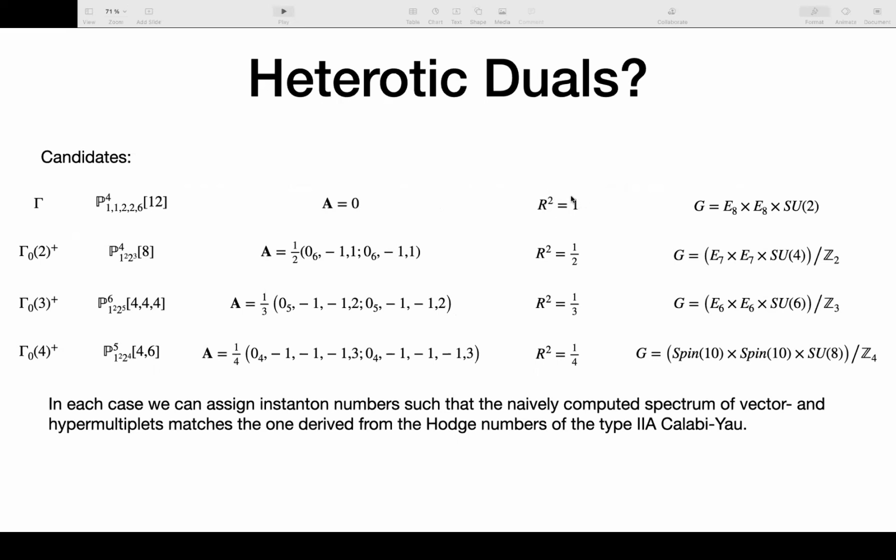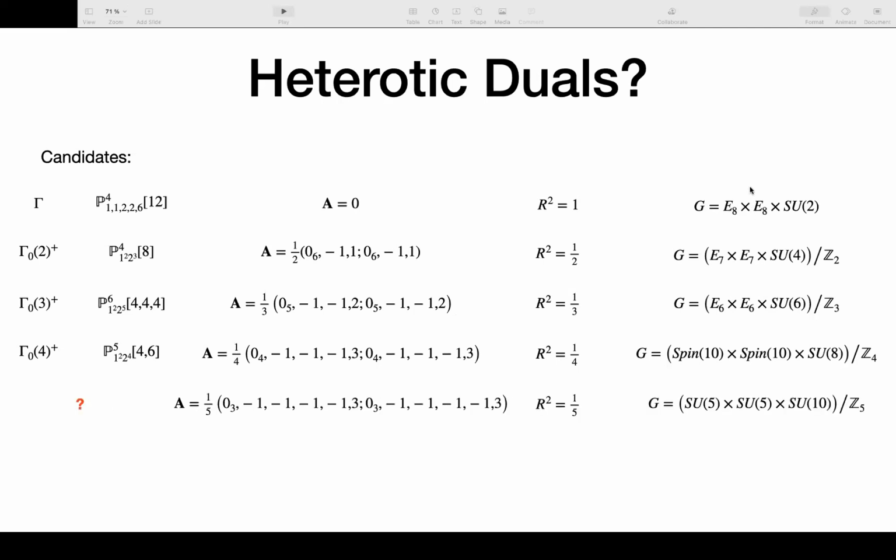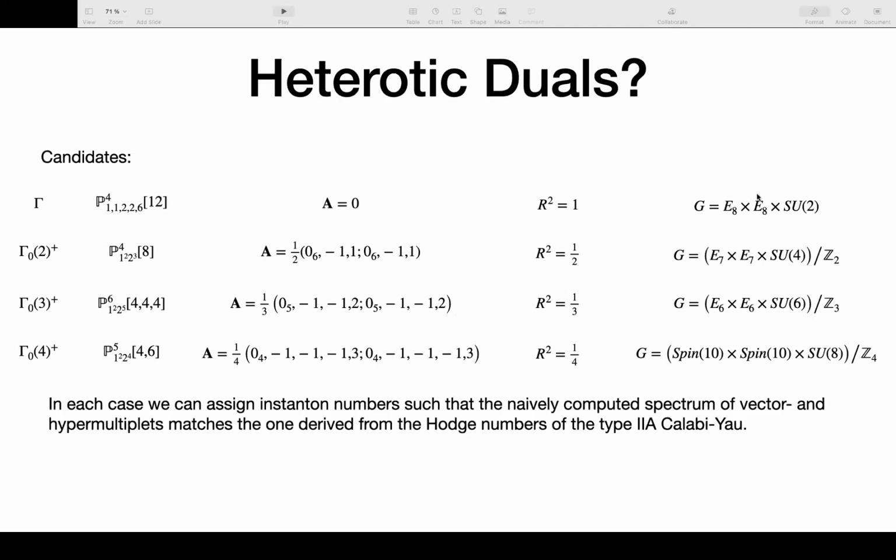Occurring at radii squared 1, 1/2, 1/3, 1/4, you get these gauge groups here, and you obtain them basically by just looking at the numbers, stealing two of the Cartan generators from this factor and pushing them over to the SU factor in succession.